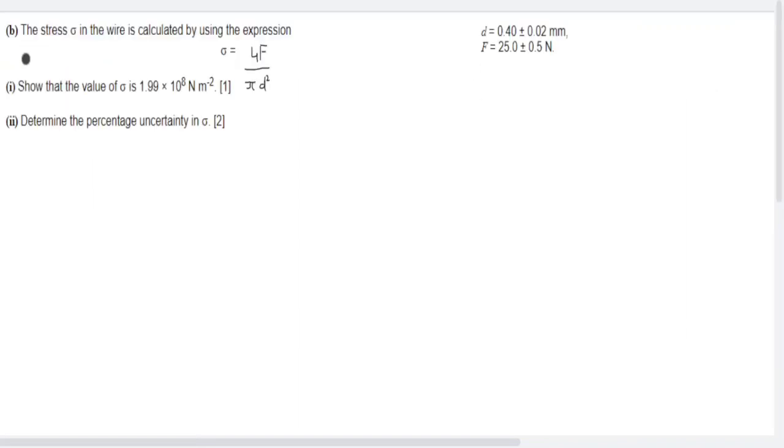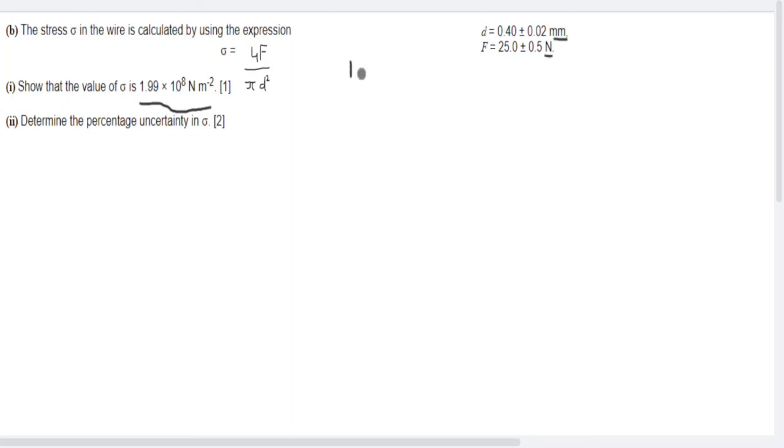Let's do this exam question. The stress, let's call this S, in the wire is calculated by using S equals 4F over pi times d squared. Show that the value of S is this much. To solve this, I would simply replace F and d with the values that they have, which are 25 and 0.4. But this 0.4 is in millimeters, and I want to convert this into meters.